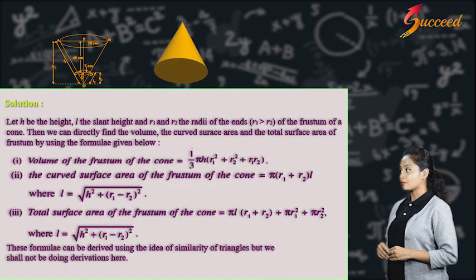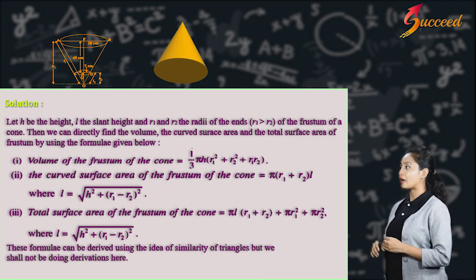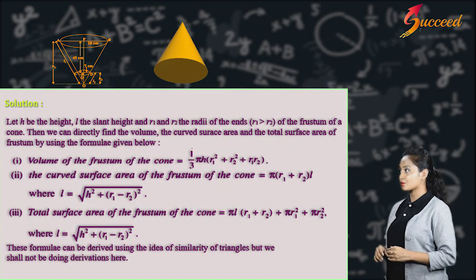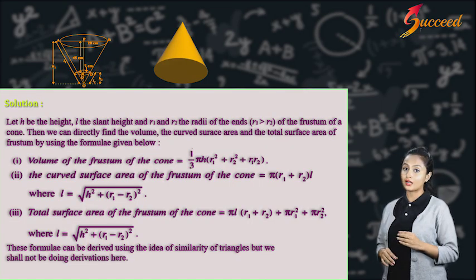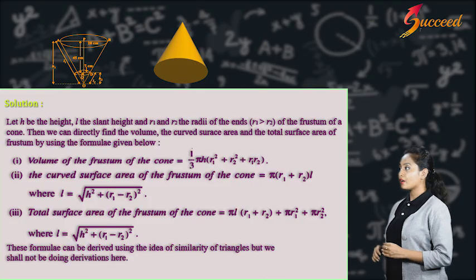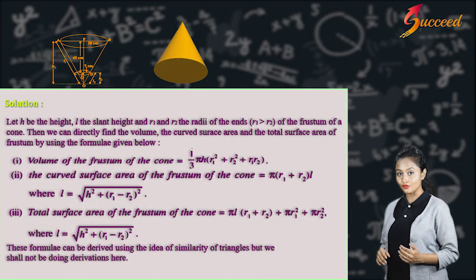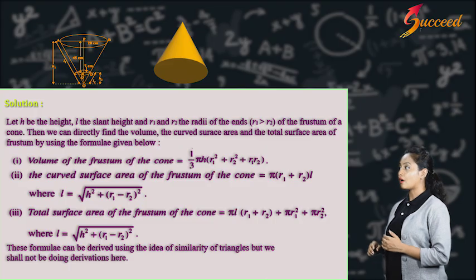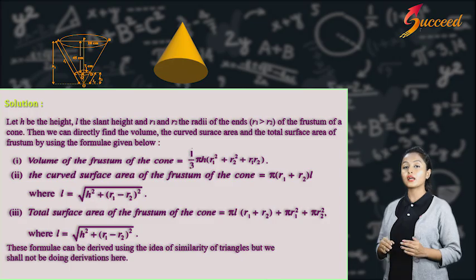Volume of the frustum of a cone is given by 1 by 3 into pi into h into r1 square plus r2 square plus r1 r2. The curved surface area of a frustum of the cone can be given by the formula pi into r1 plus r2 into L, where L is equal to square root of h square plus r1 minus r2 the whole square.